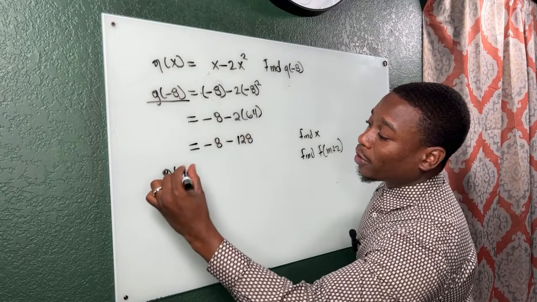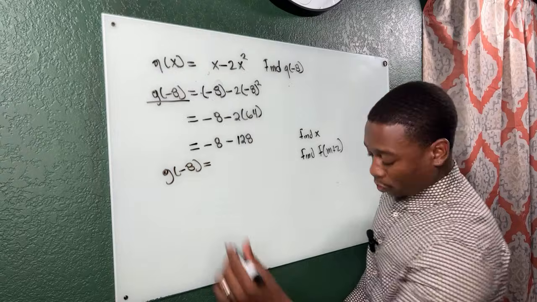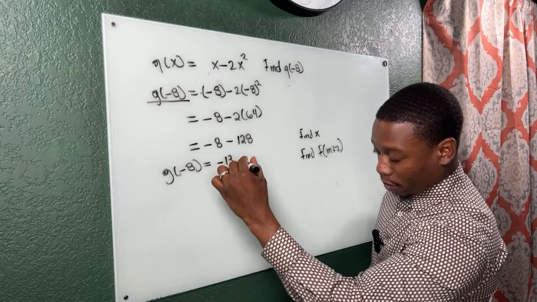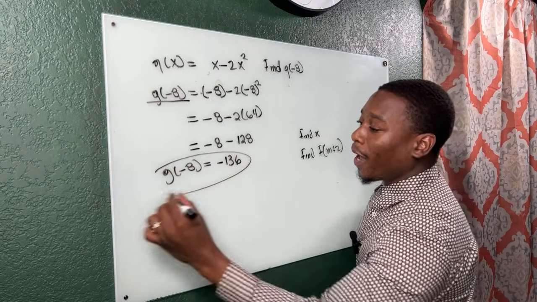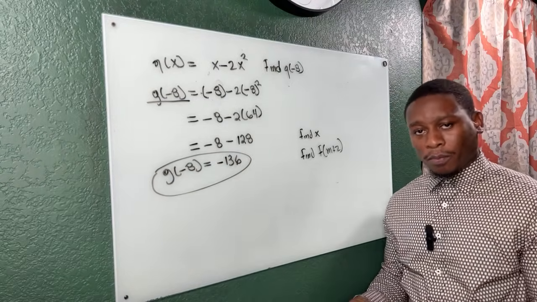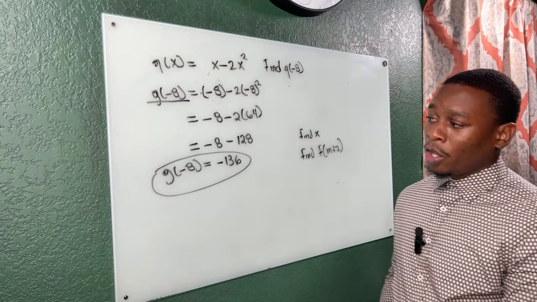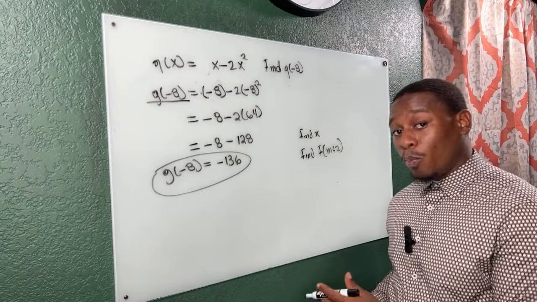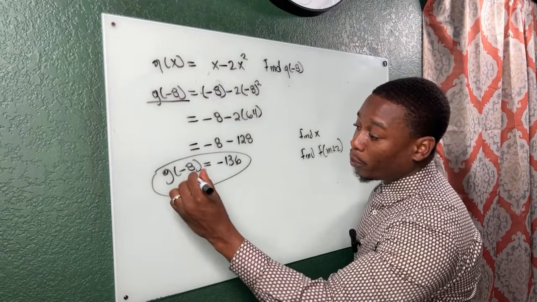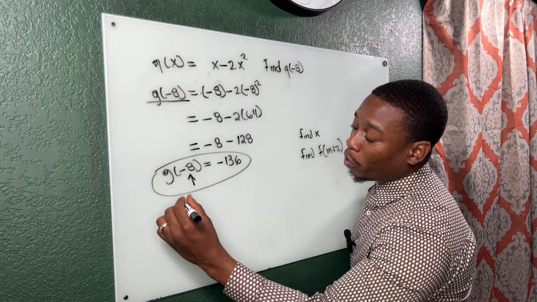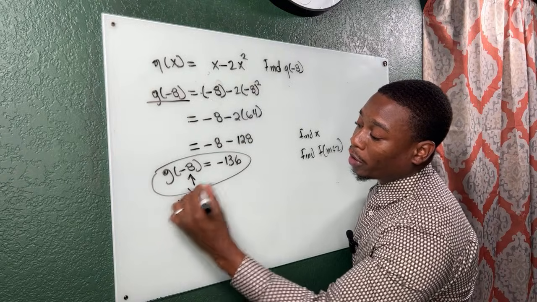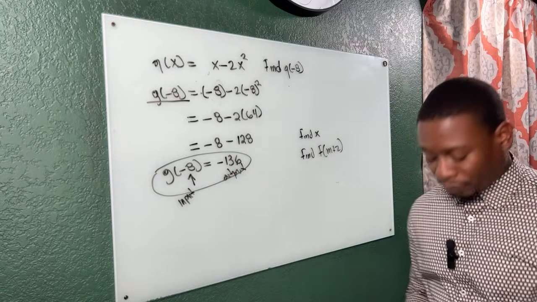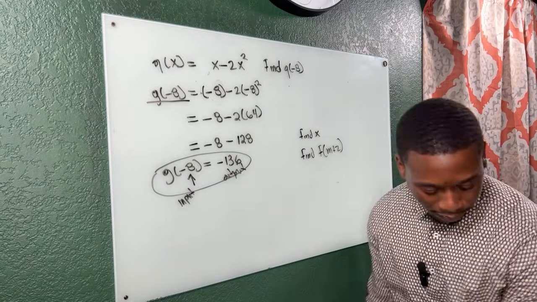So our final answer for this would be -136. So if there's a question where you have to select the answer and they say, hey, what does this answer represent? All we're saying is that our output, when we put -8 in for the input, it'll give us an output of -136. Okay. So just please make sure you guys remember that.